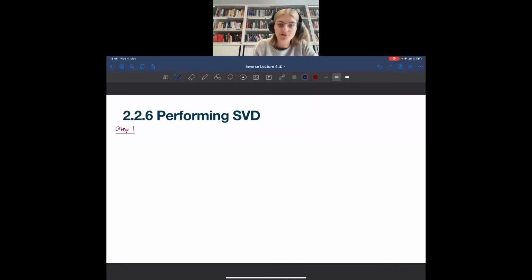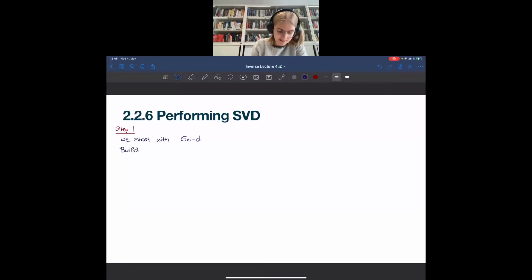We start with the problem Gm equals D. And remember, G is non-square in the general case. And what we do is we build one matrix.